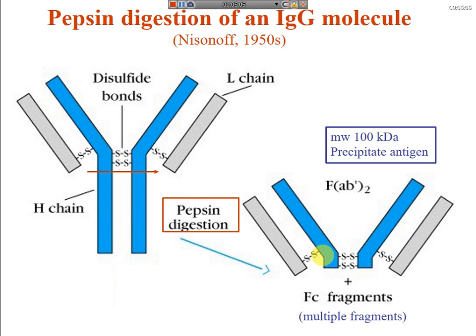And I told you in our previous lecture on antibodies that the N-terminus side of the antibody molecule has a variable region, which has the paratopes that bind to the epitopes. In both cases, after papain and pepsin digestion, these FAB fragments retain that variable region. That's why both of these are able to bind to antigens.